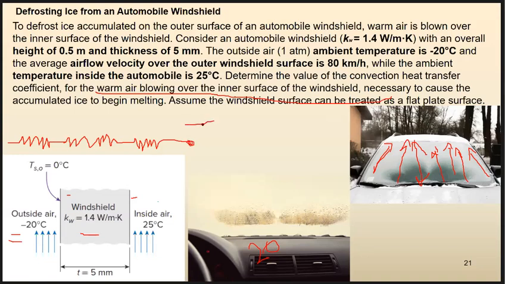So I have temperature T infinity inside. At this node, I have temperature T infinity outside, T sub infinity O, T sub infinity I. Here I have temperature at the outer surface, T sub S O. Here I don't really know the temperature, T sub S i.